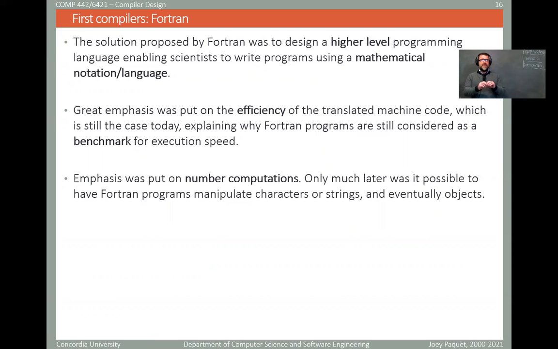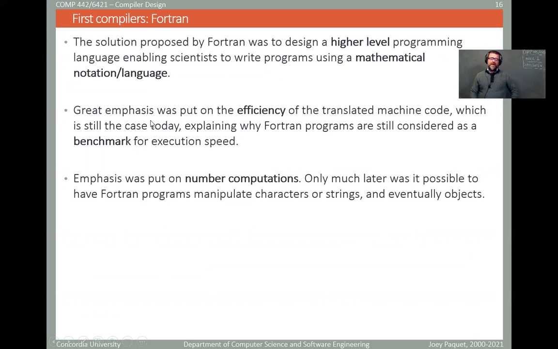They wanted to write their mathematical formulas in the program as much as possible, and then have a computer program that would translate these formulas into the executable version for these formulas. That was essentially the main idea behind Fortran.